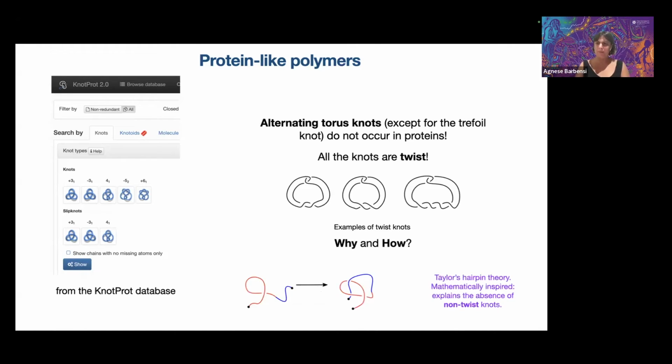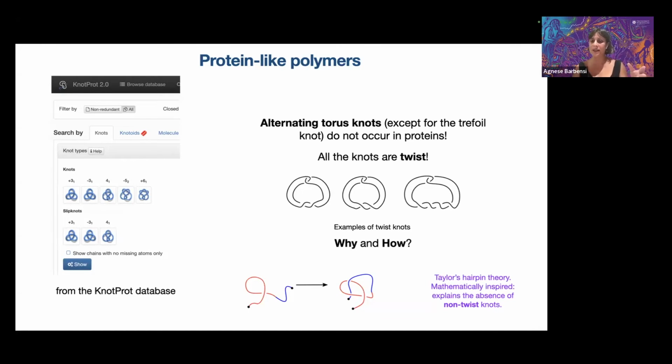And in the literature, you can find different approaches to this question, and some of them are very mathematical in nature. One of the first explanations was due to Taylor, the same person that found the first deeply knotted protein structure.